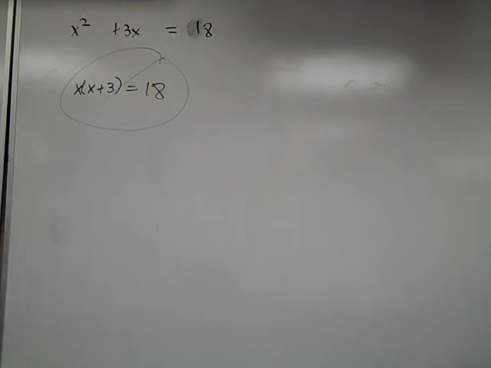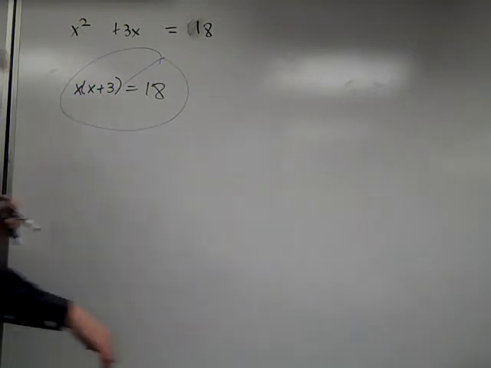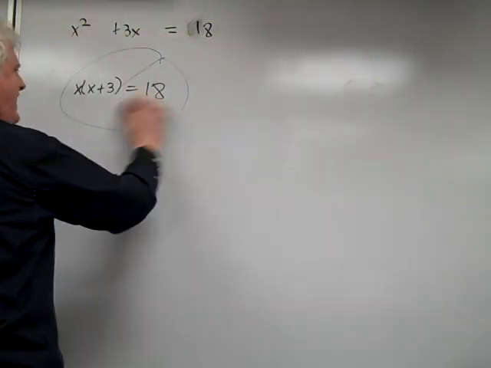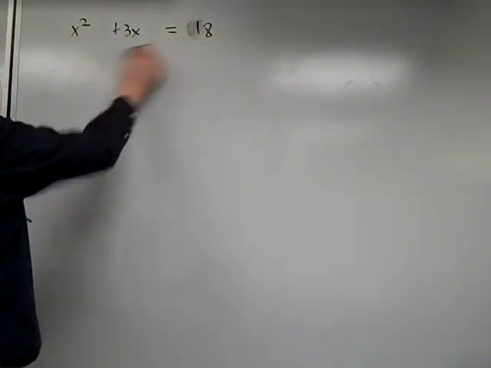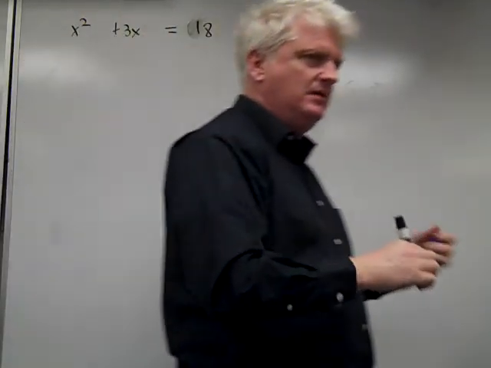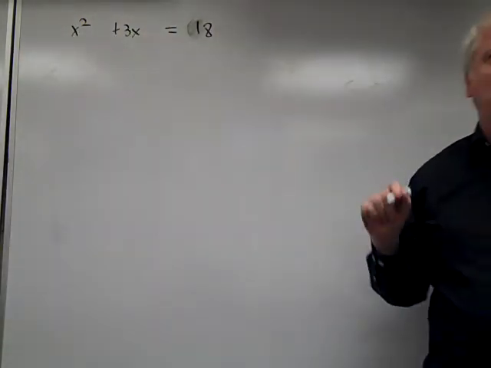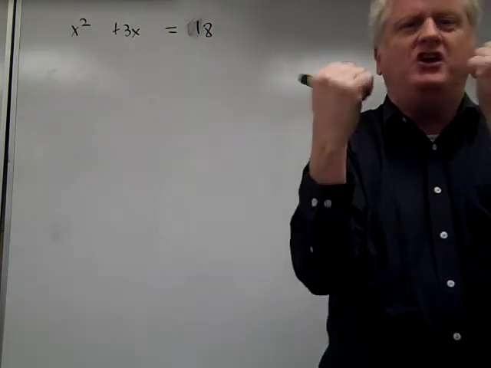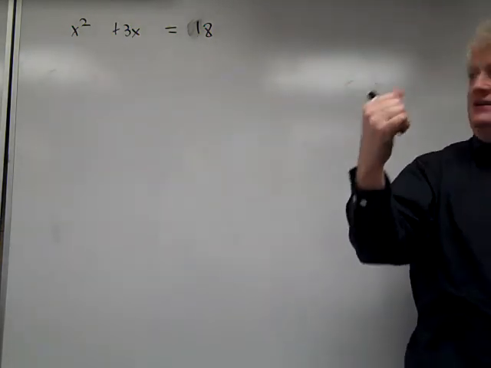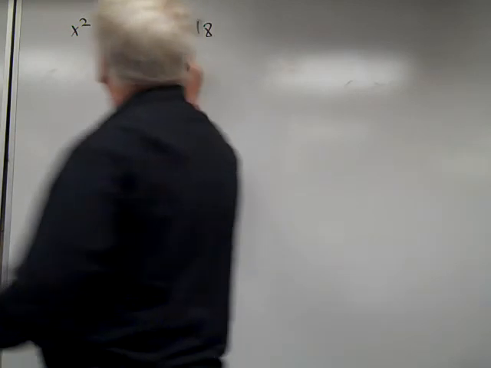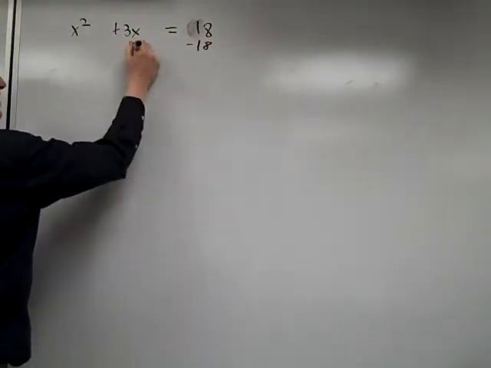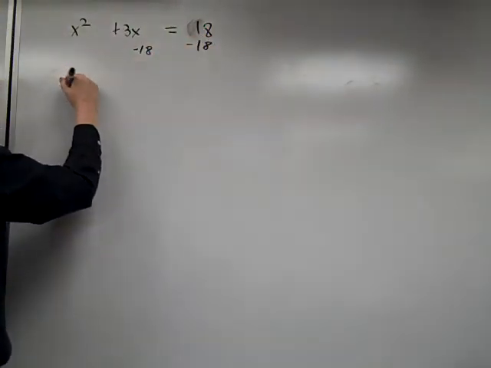I've got two mystery objects. They multiply together to give me 18. What does that tell me? Nothing. What do we need to do in order to be able to use factoring to solve? What key fact is there? Yeah, things need to be equal to 0 because we know what to do when something times something equals 0. So we're going to subtract 18 from both sides of this equation.